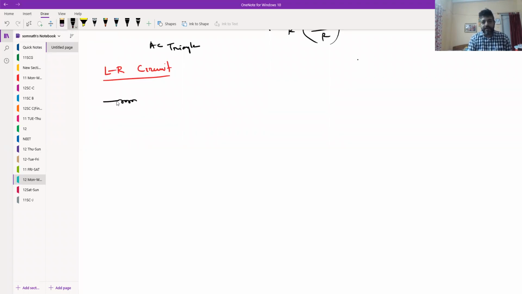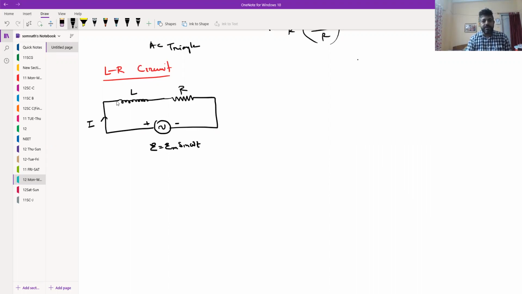Suppose we have an inductor and a resistor connected in series with the input EMF, E equals Em sine omega t. So this is my current outgoing, this is my current incoming.